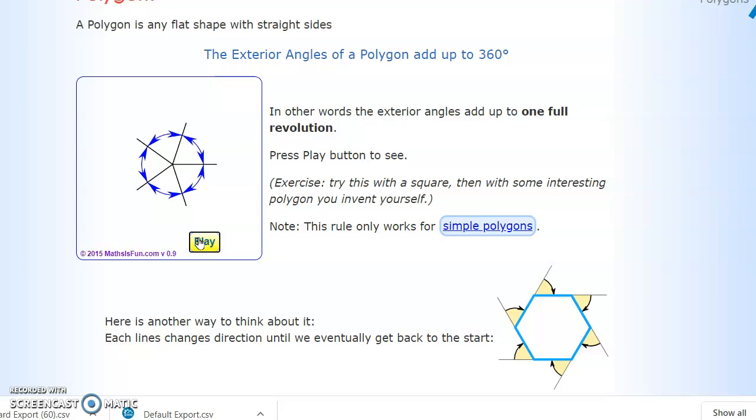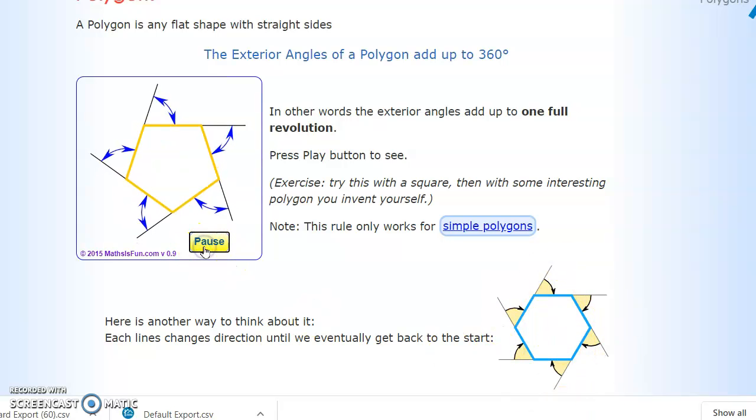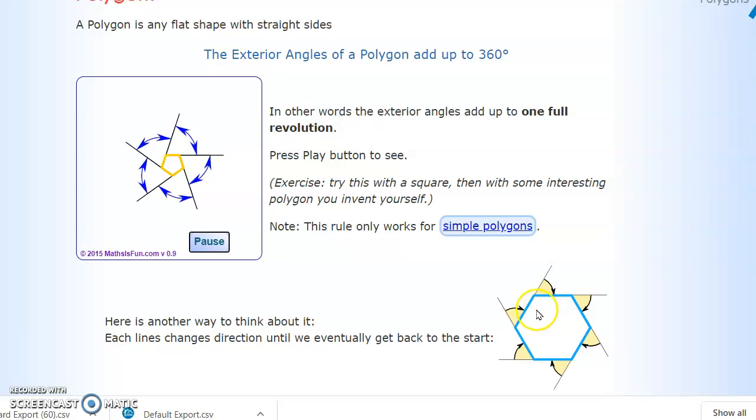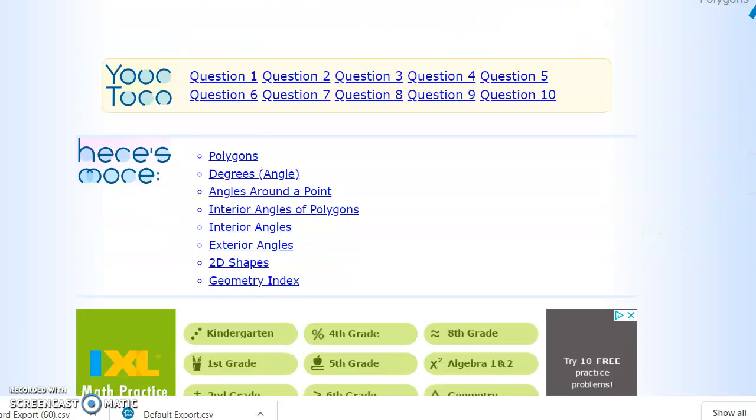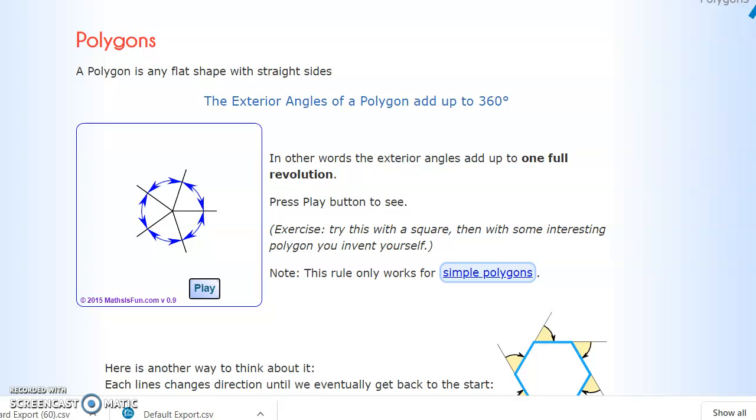The exterior angles of any polygon add up to 360, as long as it's convex. Concave, we can't do this. But same thing here. This one had 5 sides, 5 sides. This one has 6 sides. If it's shrunk, it's also going to go down to 1 revolution.